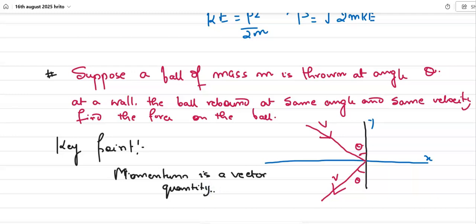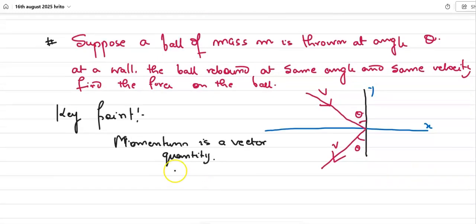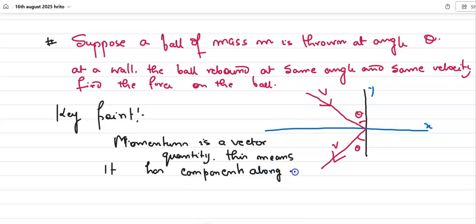Momentum একটা vector quantity. Vector quantity মানে this means it has components along x and y directions.